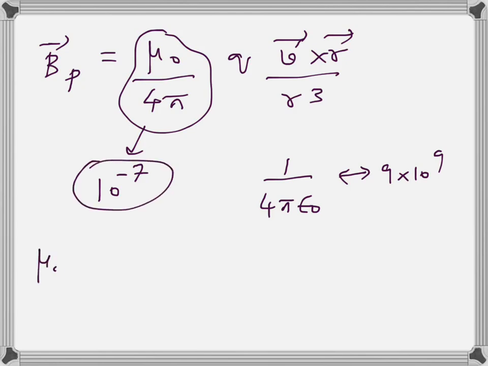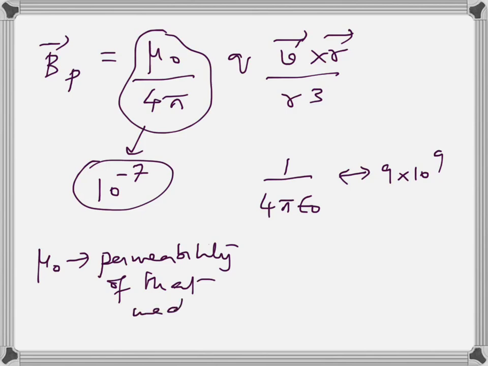Here mu naught is called the permeability of that medium. So it is telling you how much the medium is ready to allow magnetic lines to pass through it. Mu naught is the permeability of vacuum here. If you write mu naught, it is vacuum. If you write mu, that will be the permeability of a medium.